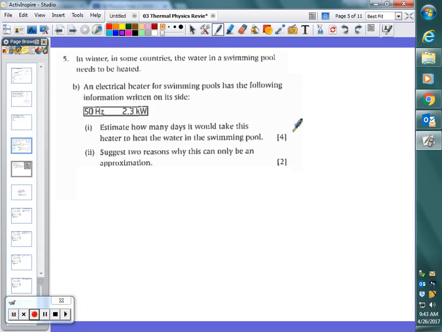So this is how many kilowatt hours we're going to need. It tells us that the heater only has a power rating of 2.3 kilowatts. Even though it says kilowatt hours, that's what it is.